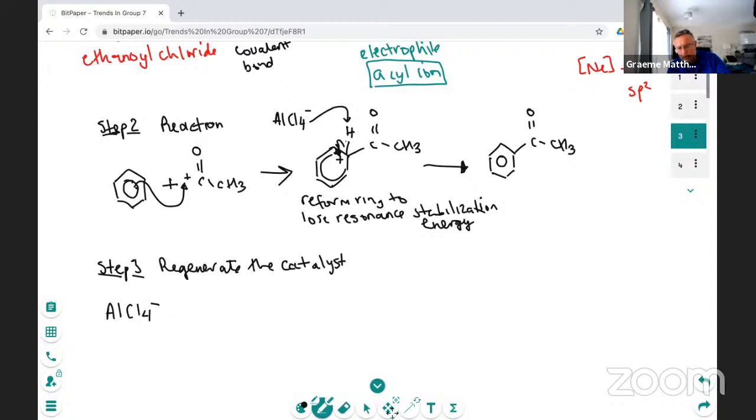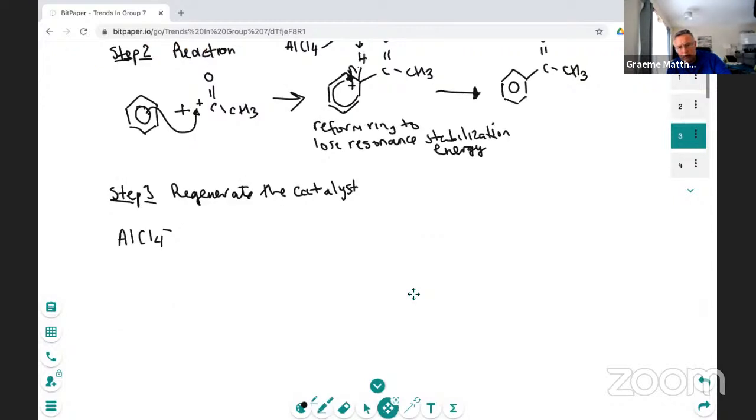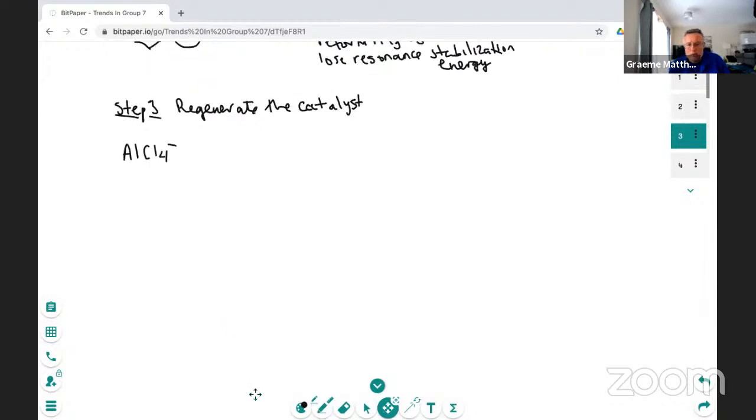I want to move this up a little bit. You can see what's going on. And here I am. Okay, it's going to pick up the hydrogen from the benzene ring system there. And so you regenerate the catalyst AlCl3, and you make HCl. So this is the very last bit of the mechanism.